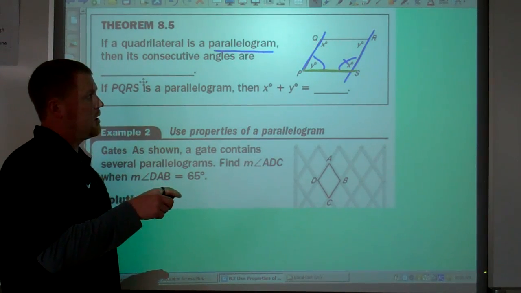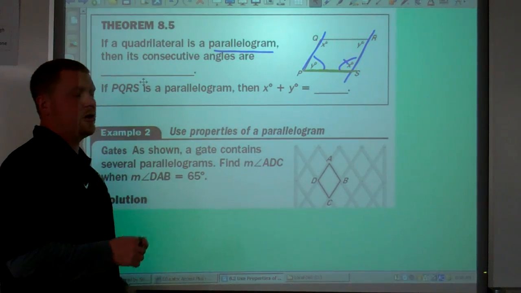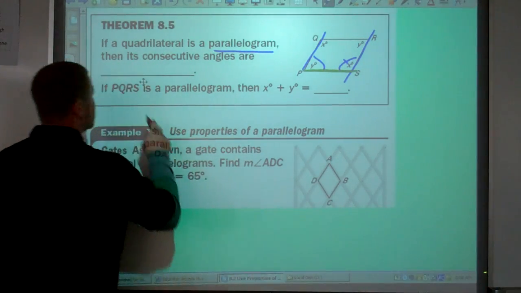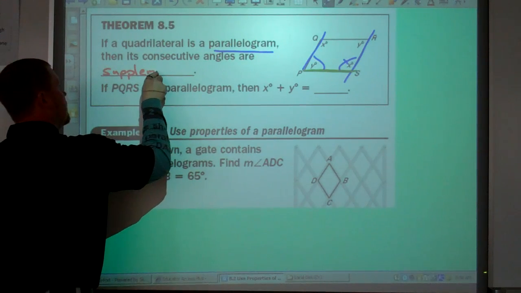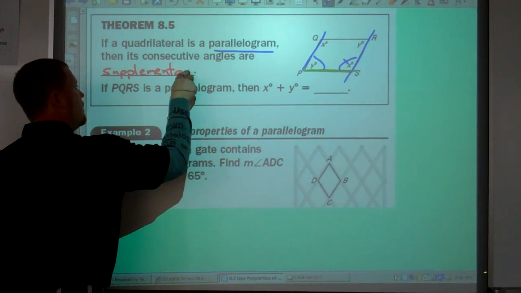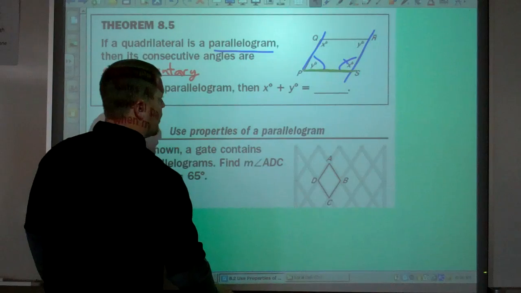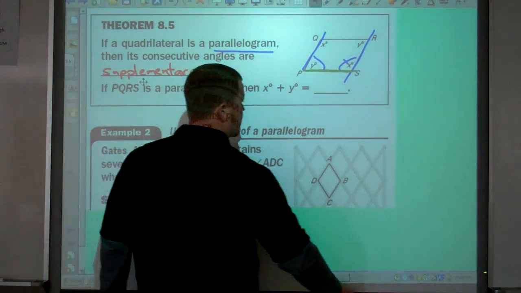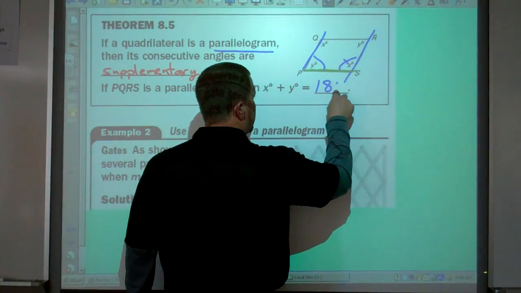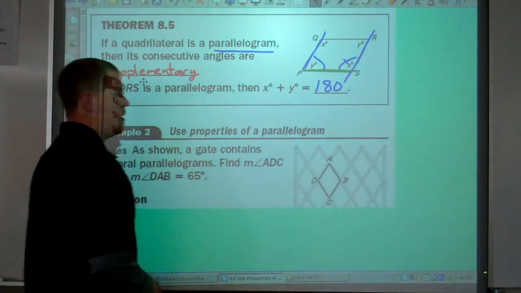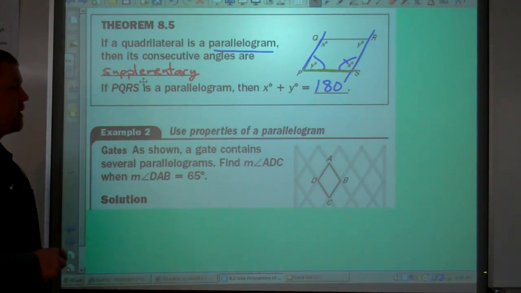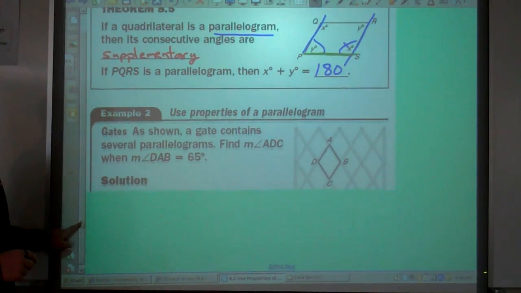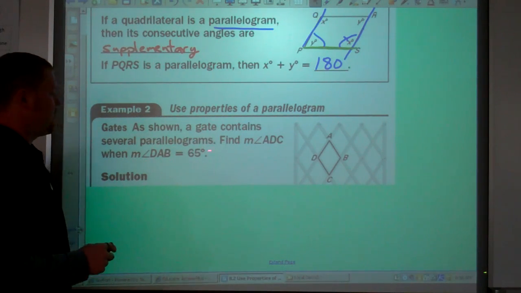And when we have parallel lines, consecutive interior angles are supplementary. So X plus Y equals 180 degrees. Opposite angles are congruent when you have a parallelogram. Consecutive angles are supplementary.